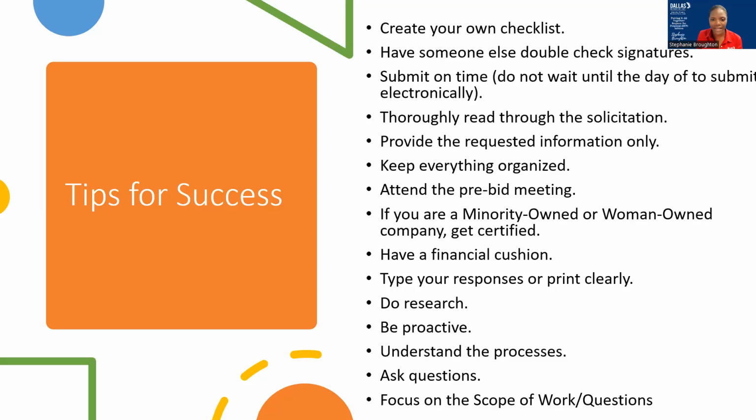Now, with that being said, now that I've identified that 3 to 5 year window, you could still practice and submit responses to other school districts and other entities, but also be proactive. If one of your goals is, I definitely want to do business with Dallas ISD, you've got to be proactive, and that can fall under so many different things.